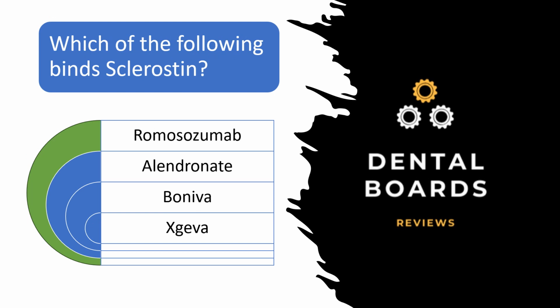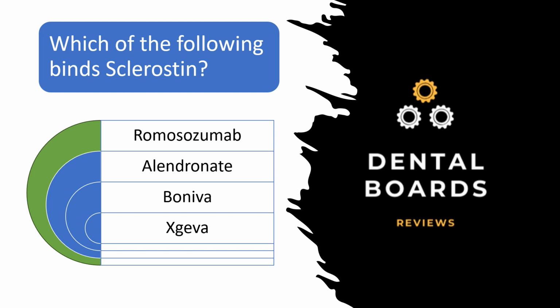Which of the following binds sclerostin? Romosozumab, alendronate, Boniva, or Xgeva? The one which binds sclerostin is romosozumab.